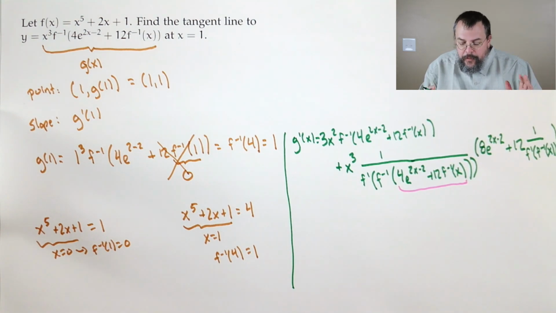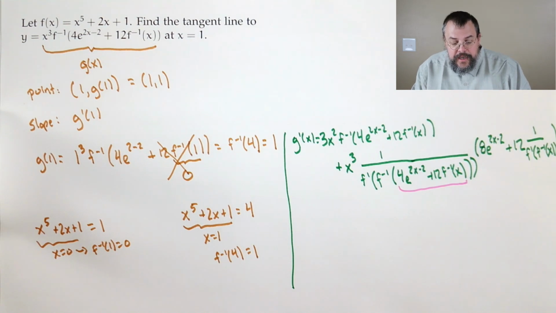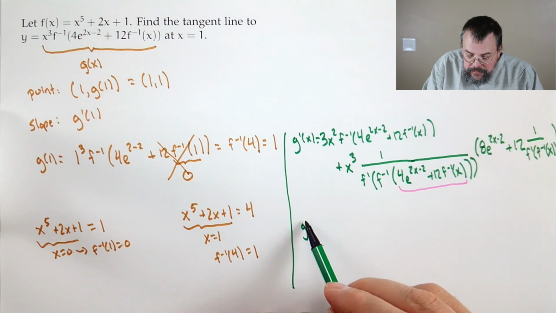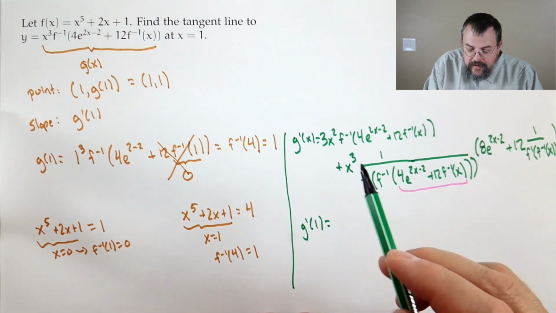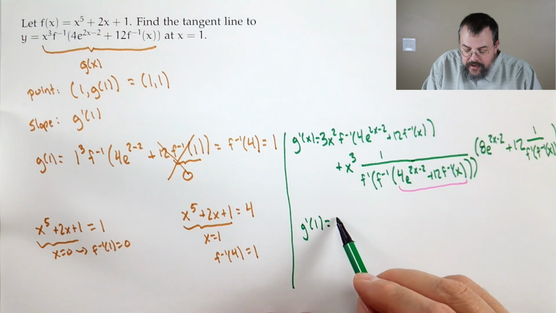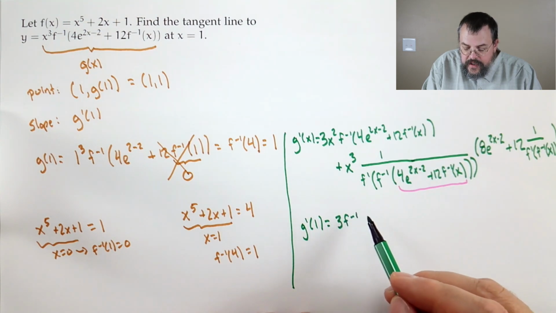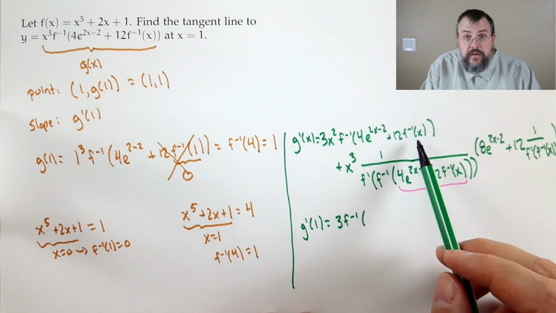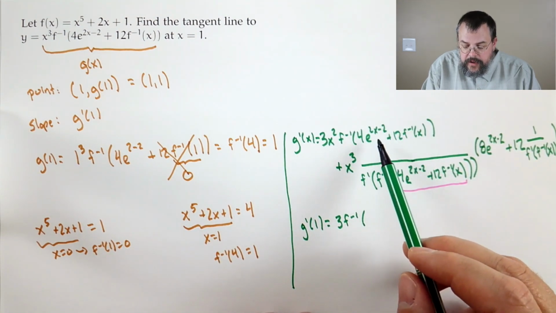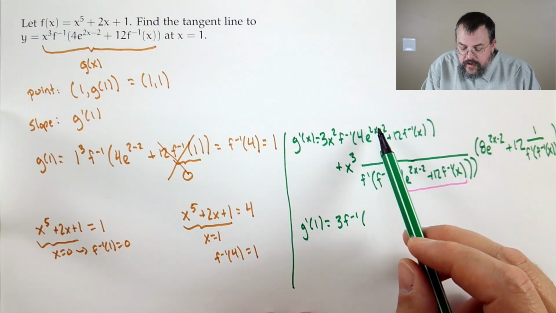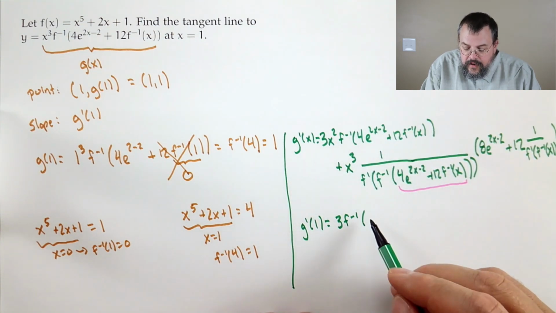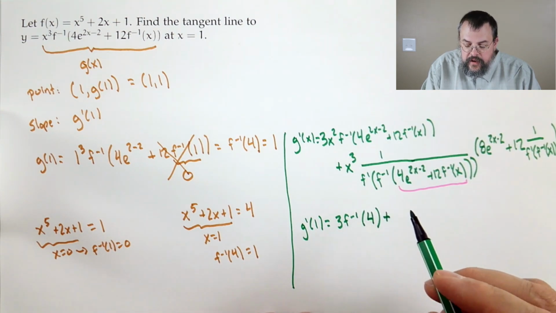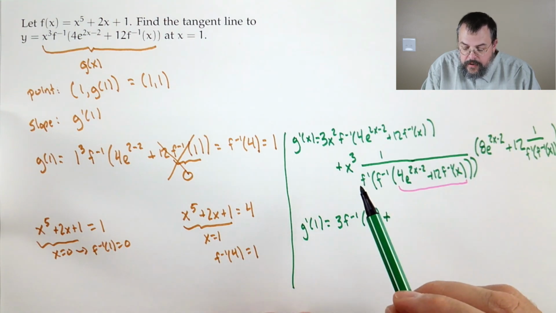Now, where do we go next? Next, we're going to plug in 1 because we need g prime of 1. So g prime of 1 is 3 times 1 squared, so that'll be 3 f inverse of. Now, we've plugged 1 in here before. F inverse of 1 we said is 0, so that term went away, and then we got e to the 0, which was 1 times 4, so it's 3 f inverse of 4 plus 1 cubed, so that'll be 1.